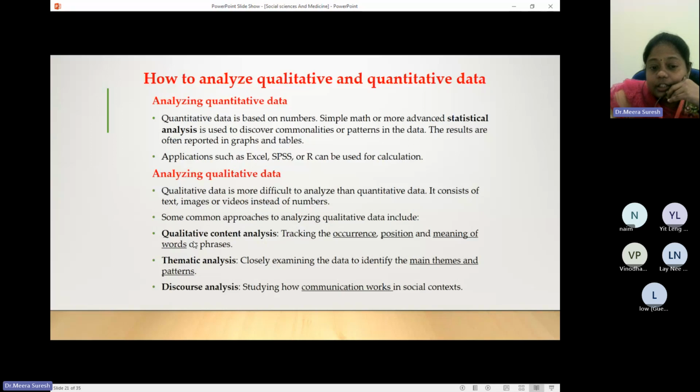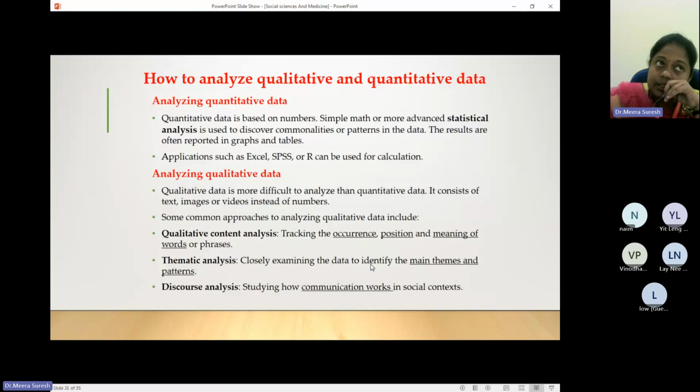So qualitative content analysis is one of the methods to analyze it. It will be tracking the occurrence, the position, the meaning of certain words, and then doing an analysis. There can be a thematic analysis to find out the main themes and the patterns. Like, if a person says I'm sleepless, from just the word sleepless we can't conclude depression.